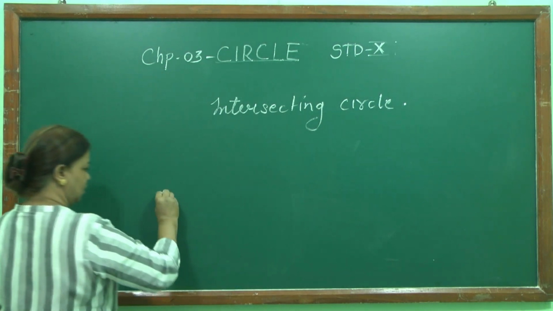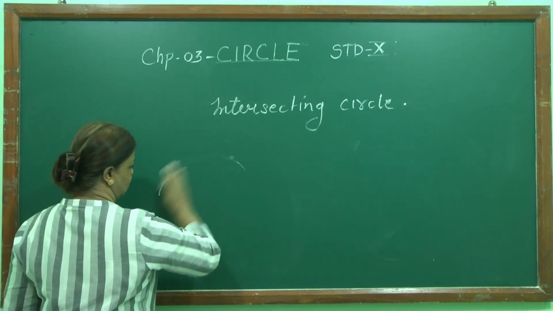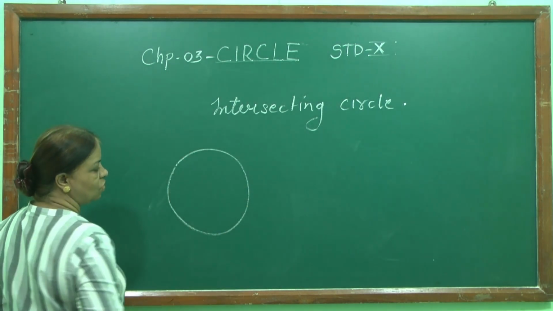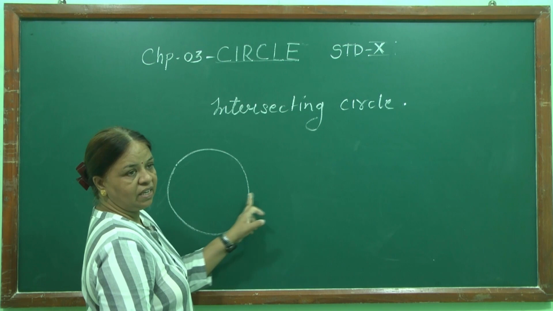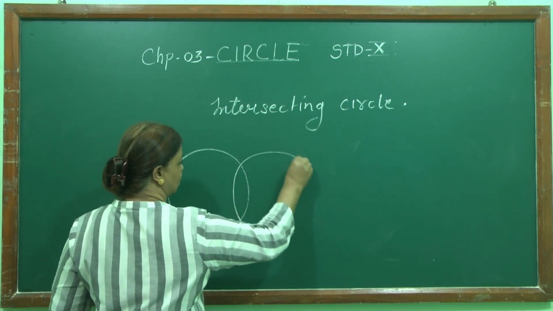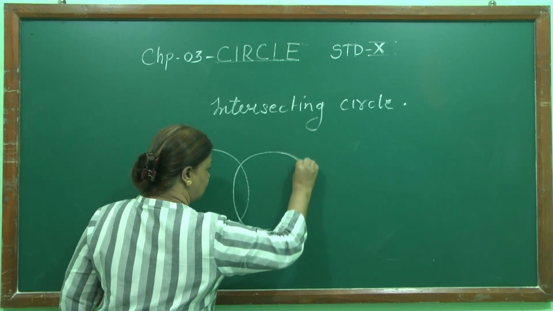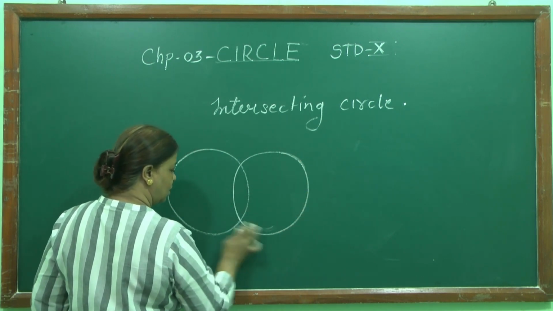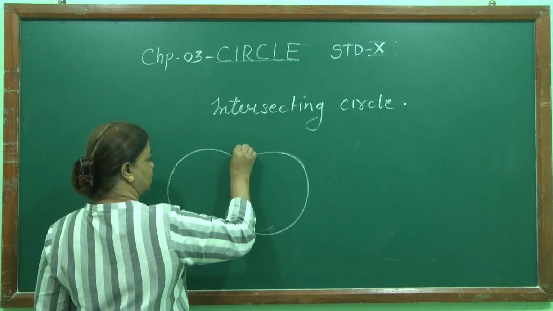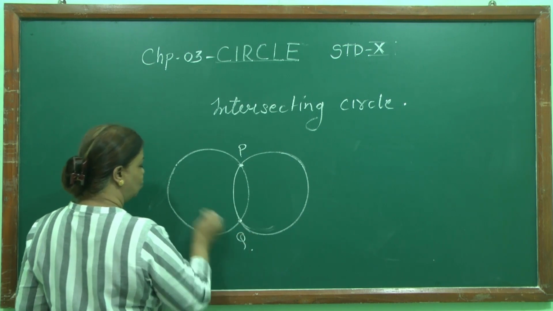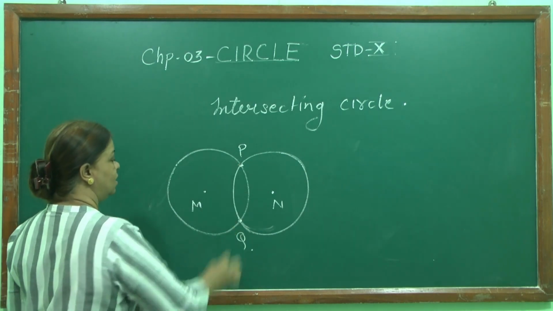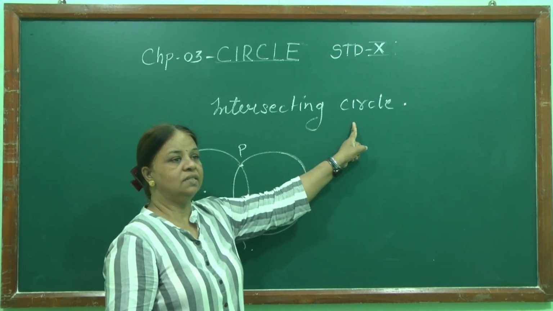Intersecting circles. Now see, I have drawn a circle. Before this we saw two circles were touching each other at one single point. But if I draw one more circle in such a way that both the circles are sharing two points, point P and point Q, with center M and center N, then they are intersecting circles.